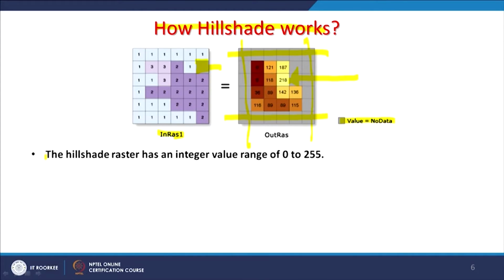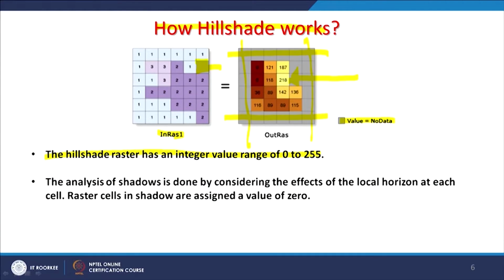So, the hill shade raster has an integer value ranging from 0 to 255. It is always represented in gray shades, though with some techniques you can convert them into colors also, which I have also demonstrated earlier through a software demonstration.